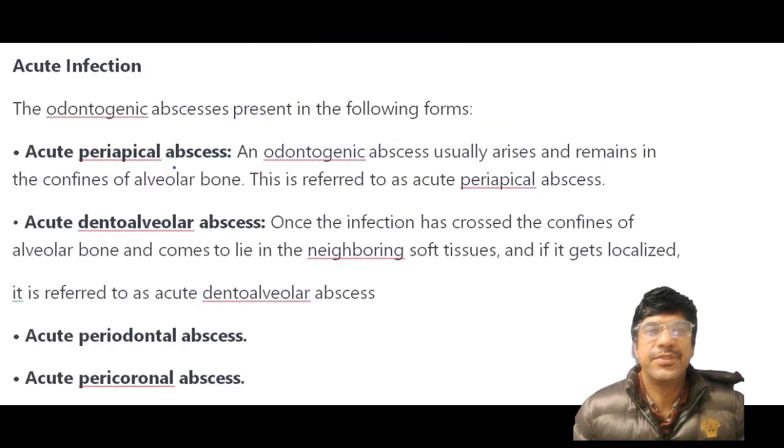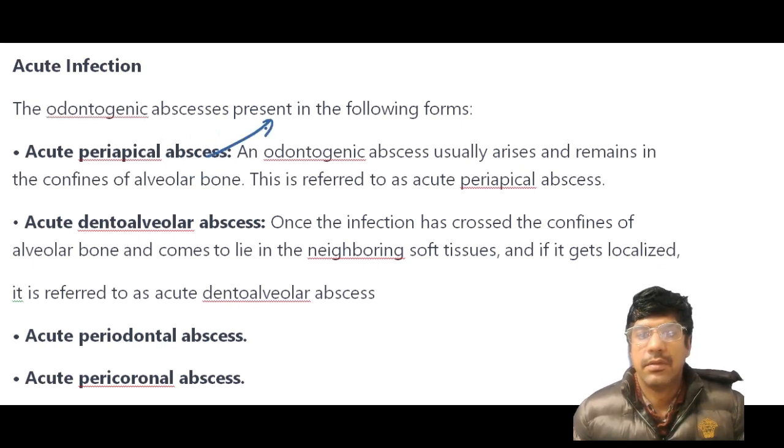Now, what are the types of odontogenic abscess? The first is the acute periapical abscess. This kind of abscess starts and stays within the bone that holds the tooth. It is an infection that is confined to the area around the tip of the tooth root.